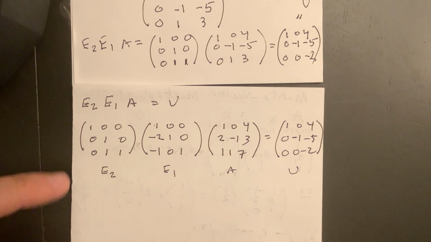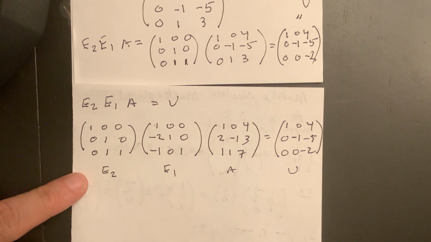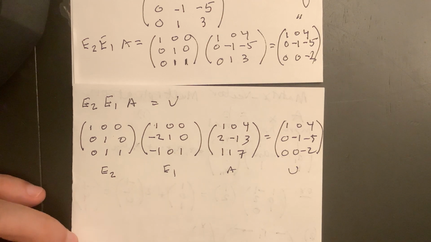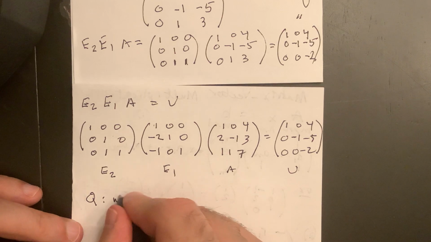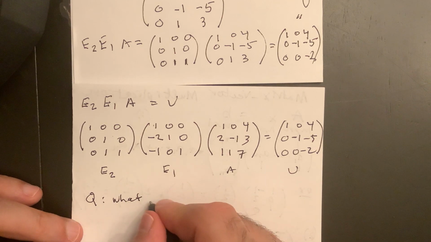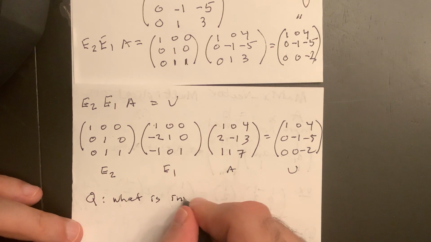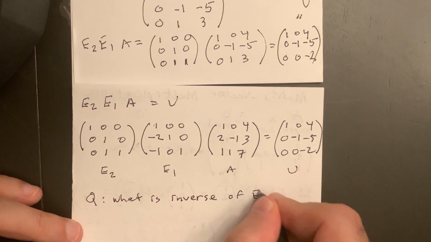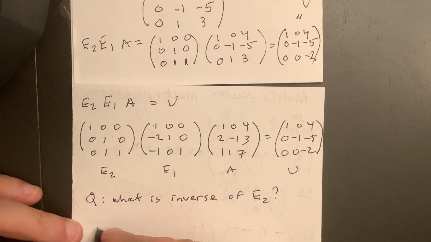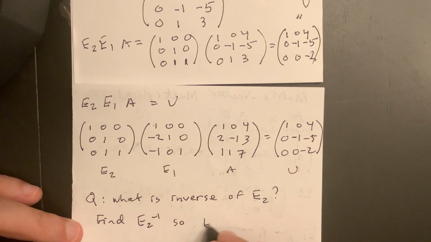So my question is, what matrix is the inverse of E2? So this means find a matrix E2 inverse, so that E2 inverse E2 equals I.